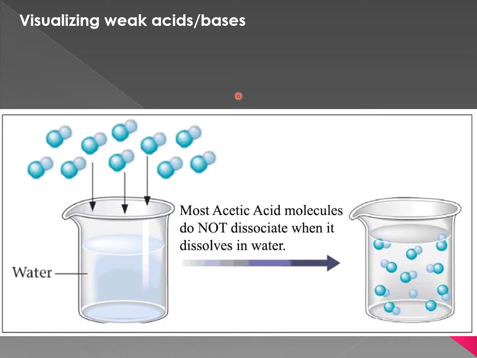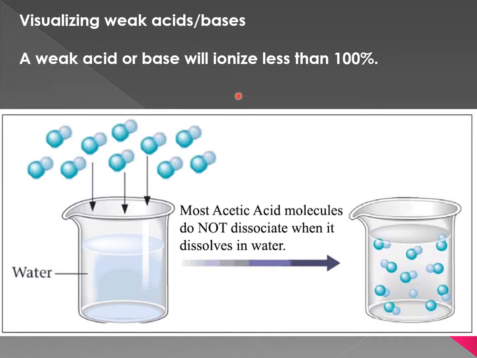So a weak acid or base ionizes less than 100%, sometimes a lot less than 100%. Down here, I've circled in red, there's only one of the acetic acid molecules that has dissociated into its ions.